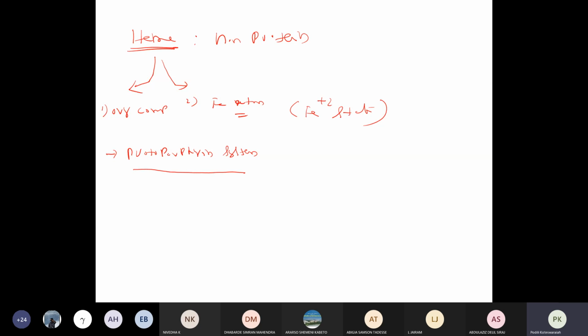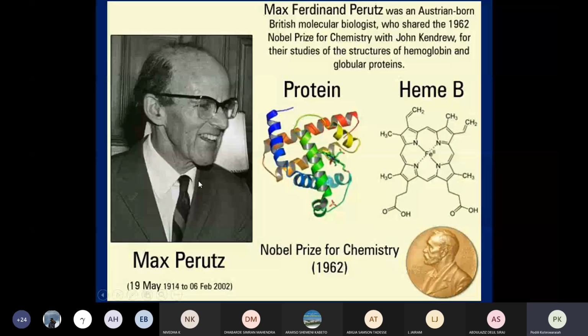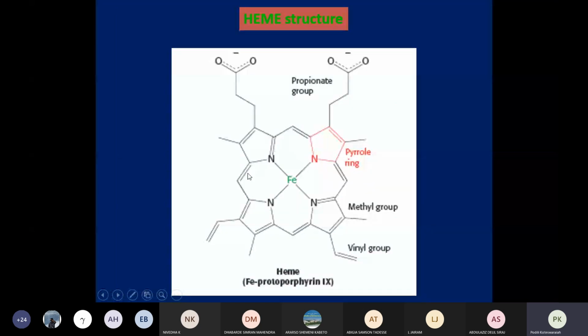This protoporphyrin system, you can see here, I will just draw, and later before that you can see here, this is the protoporphyrin system, and also iron is present in the center.